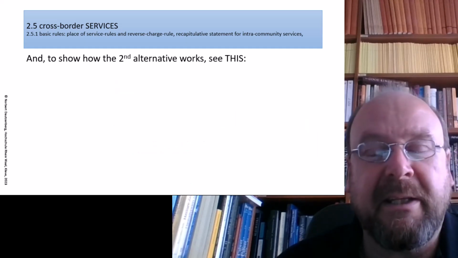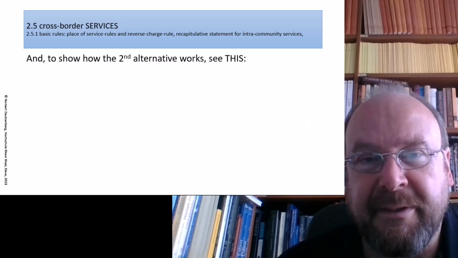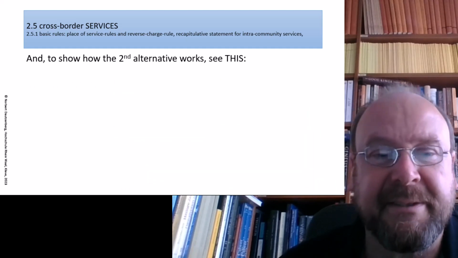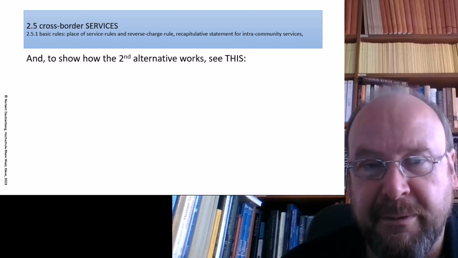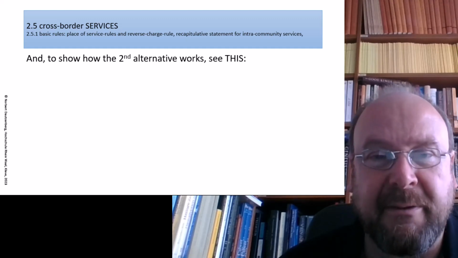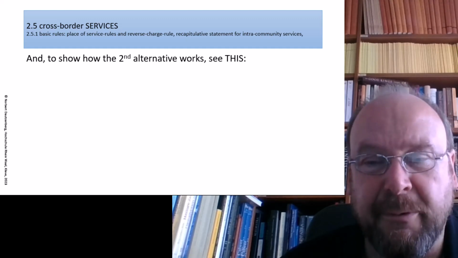Well, in the case of the second alternative, what happens is this. You remember my second alternative in the overview was the catalog services from 3A4.